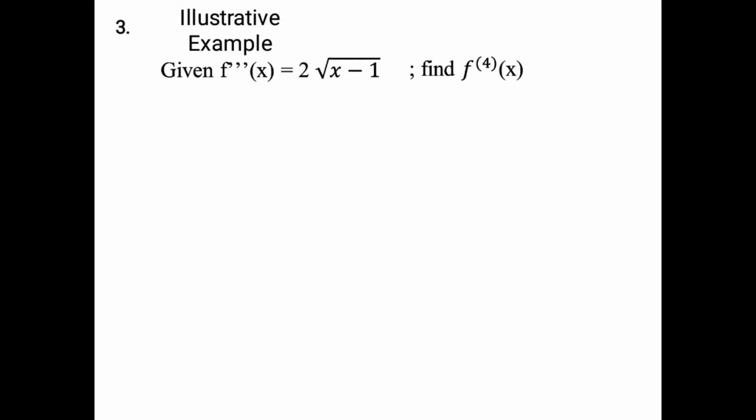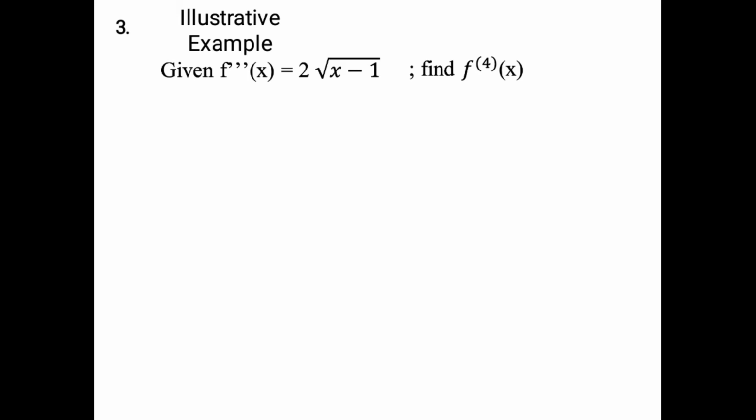Now let's take this third example. Say we have the third derivative already in our given, which is 2 square root of x minus 1. We are tasked to find the fourth derivative. It's so easy, since we are just going to get the derivative once, because we have the third derivative already in our given.